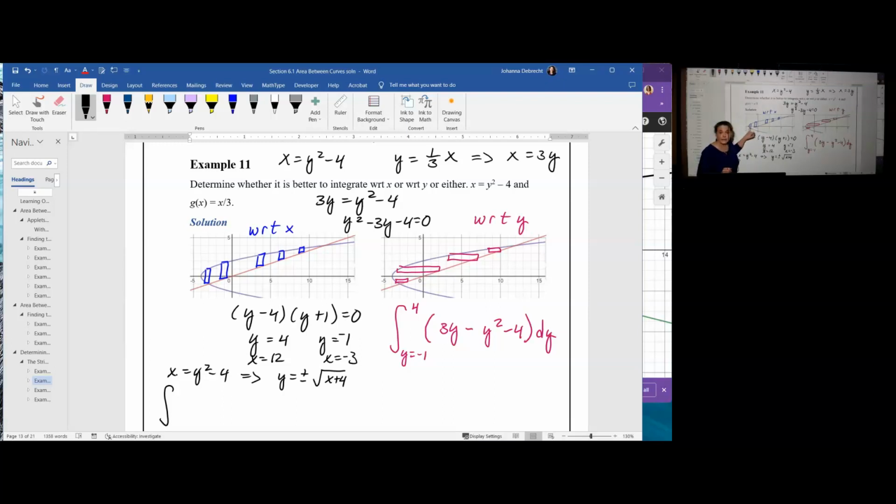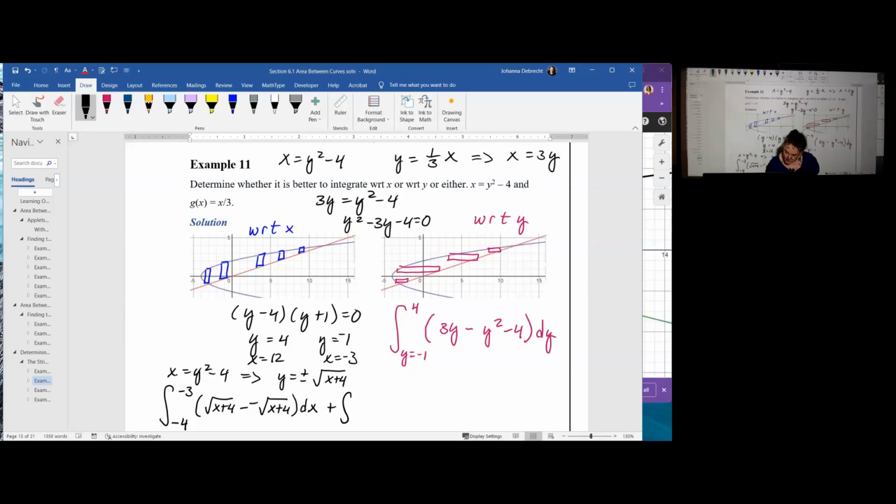So I would have to start at -4 for x and go to where they intersect, which we found to be, I'm trying to find it, -3. And in this case, it would be the upper arm, square root of x plus 4, minus the lower arm, negative square root of x plus 4, with respect to x.